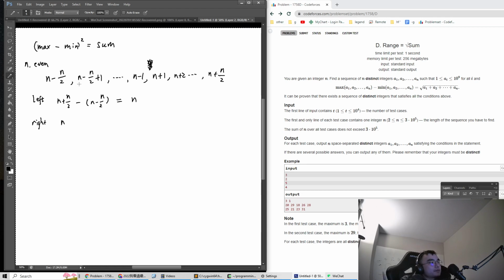We can use the famous formula to calculate the sum for the consecutive integers. And to make it simpler, we can add an n here temporarily, right? So the first integer is this guy, the last integer is this guy, and there are n plus 1 integers in the array, and in the end we need to minus n.